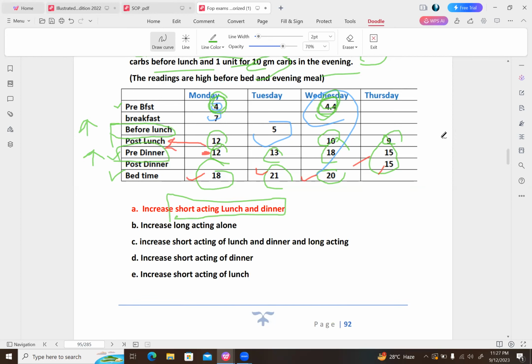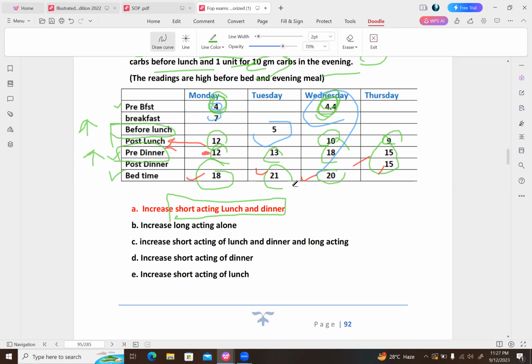Rebound hyperglycemia. Actually, what happens? You give too much long-acting insulin in the night, so the patient gets hypo around 2 a.m. or 3 a.m. And secondary to that hypoglycemia, the natural body mechanism, the body goes into rebound hyperglycemia.